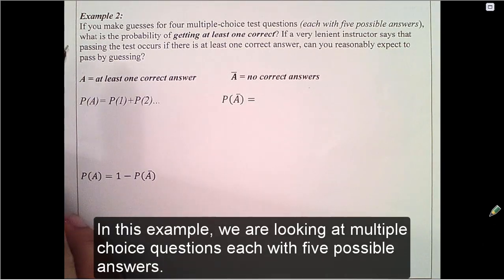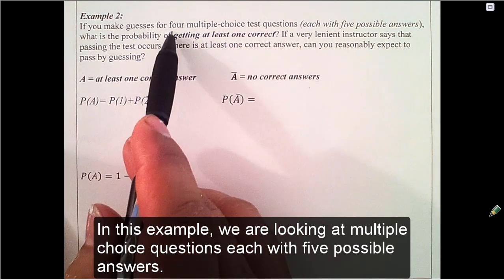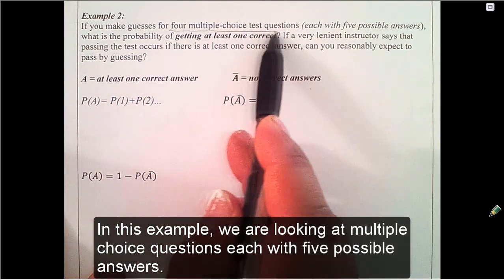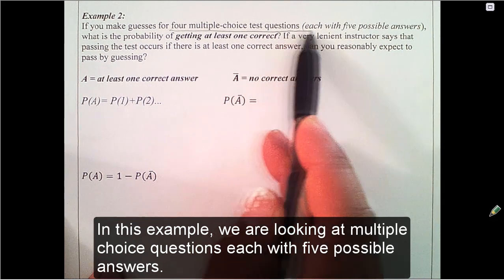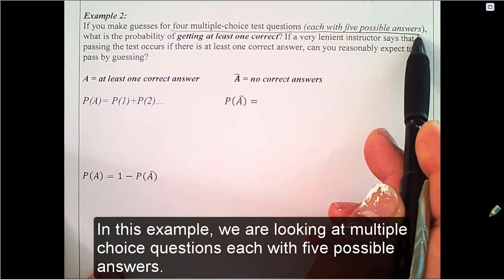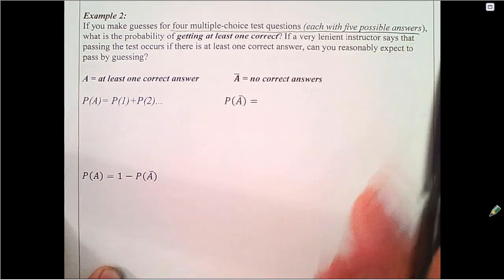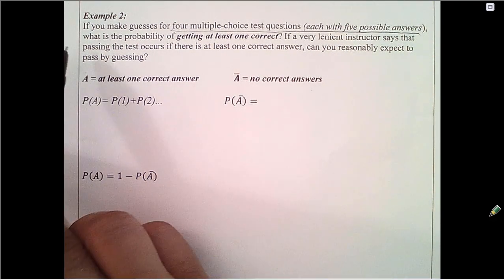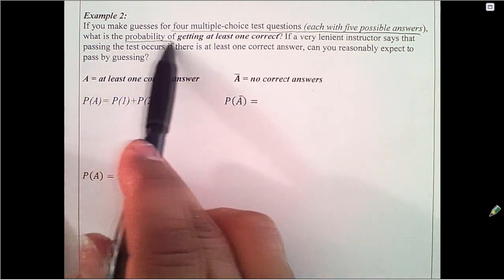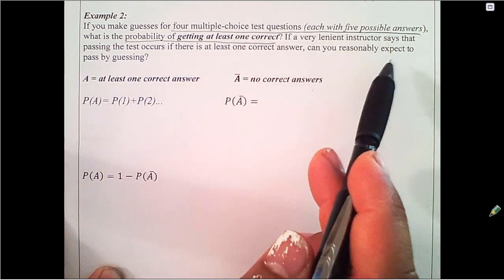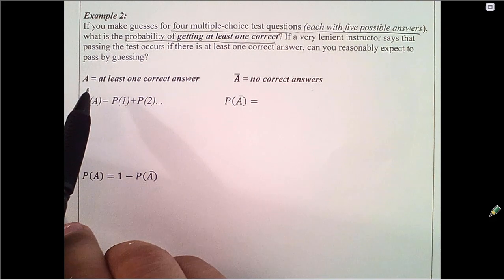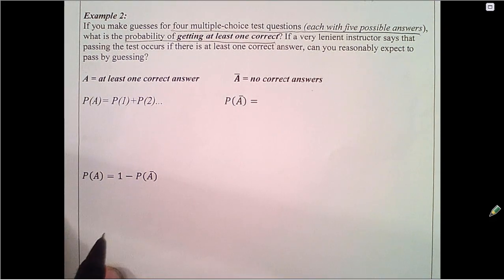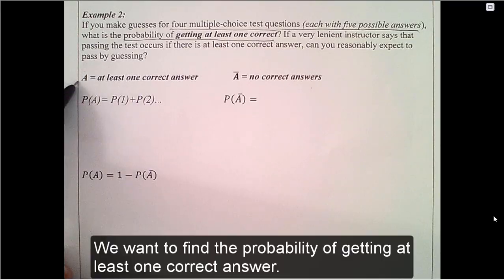In this example, we are looking at multiple choice questions, each with 5 possible answers. We want to find the probability of getting at least one correct answer.